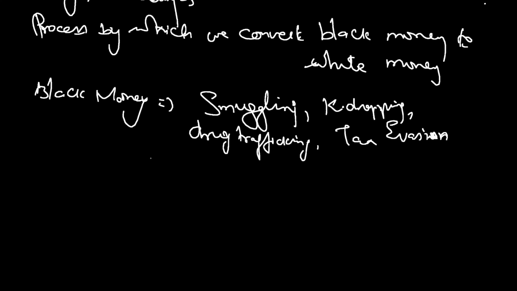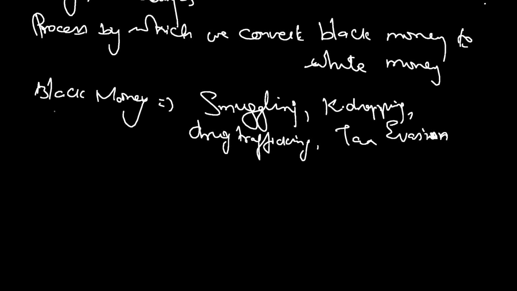Now, once you get black money, what is the next step? Naturally any person would like to convert that black money into white money. White money is legal money, where you can show it to anybody and nobody can question you, because you are getting it from the right source. Why do you want to convert?